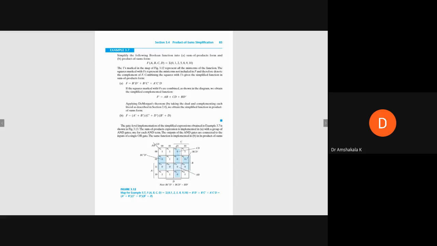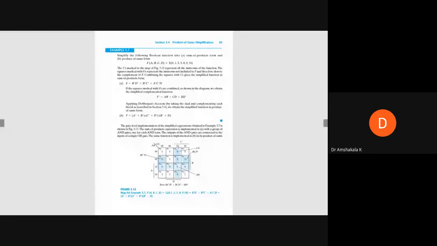If you notice, in this column C and D remain constant. Whenever we are writing the sum term, whenever we have the literal value as 1, we will write the literal in its complement form. So for this grouping, the expression is C dash plus D dash because C and D are taking 1, 1.